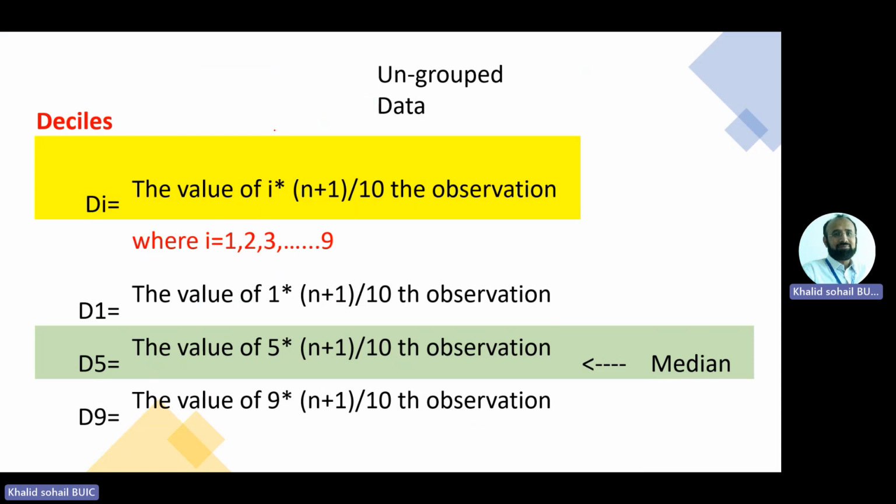Now for decile, we can use again the same formula, the only difference is that the number of observations plus 1 is divided by 10, and here we put i equal to 1, 2, 3, 4, and so on. The rest of the procedure is the same as we have already discussed. So here D5 would be our median.